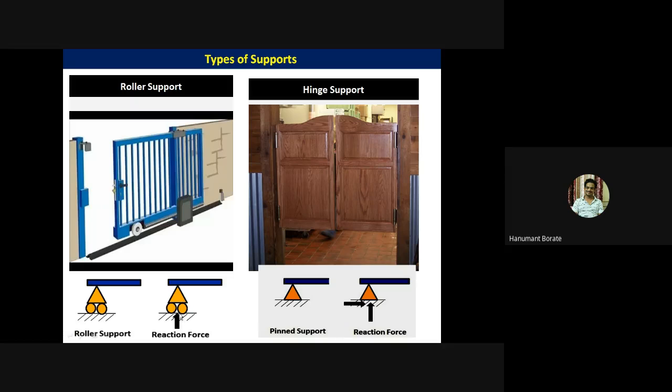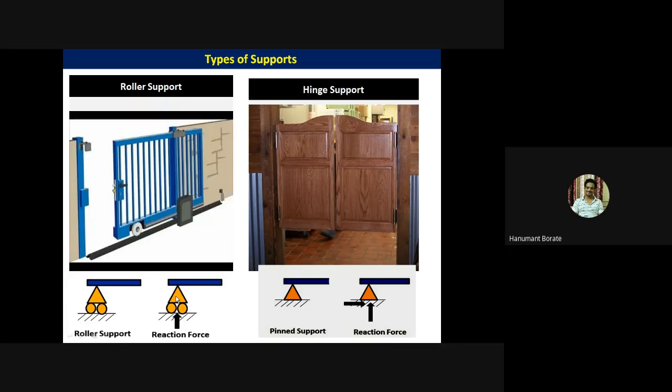Because in a roller support, we restrict the motion in one direction. Whenever we apply a force, we get a reaction, but here motion in the horizontal direction is possible, and rotation is also possible, but vertical motion is restricted due to the roller, right?